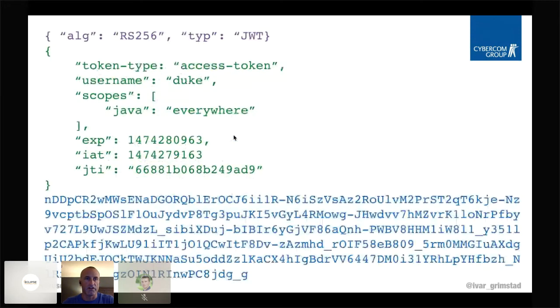And this is how it will look in clear text if it's just Base64 decoded. In this case, you have the algorithm in the header, and in the green text, you have the type of token, the scopes of it, and the expiration, etc. And you have some custom attributes such as username here, for example, and the digital signature, which is produced by the issuer of the token.